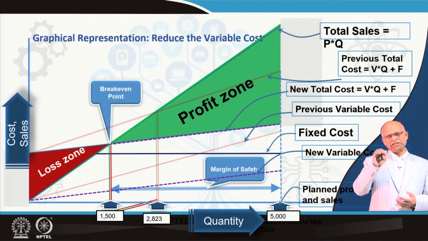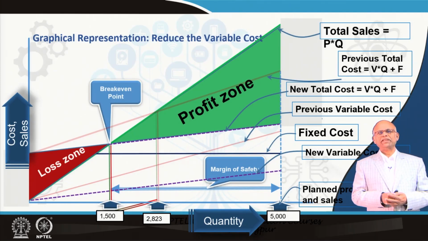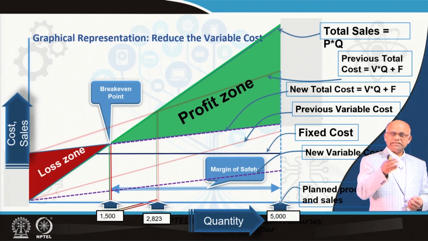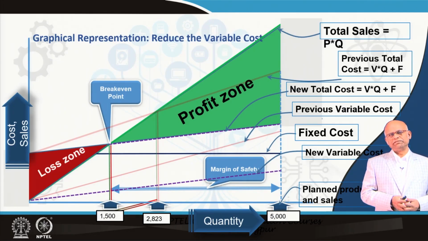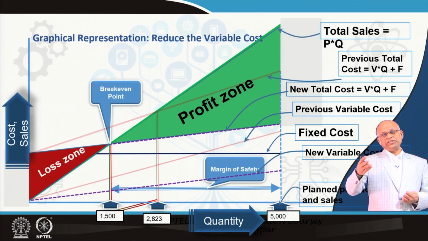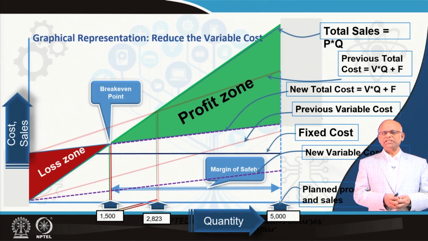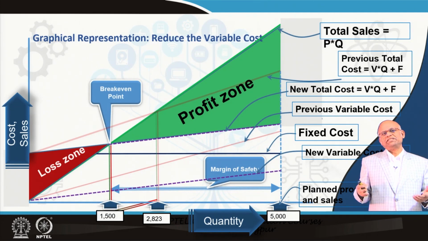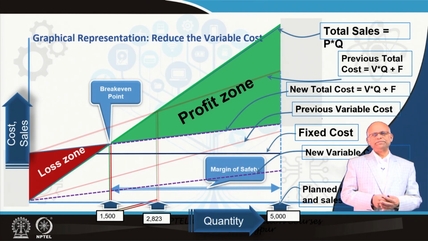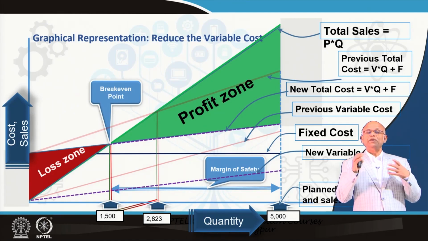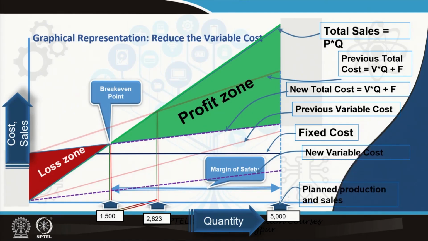So, if variable cost comes down and fixed cost remains the same, your break even point is reduced to 1500 from 2823. Now that you are projecting to sell 5000 units, your margin of safety is 3500, which is 5000 minus 1500. So, that is how break even point changes with change in variable cost.